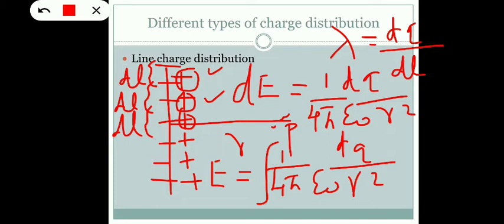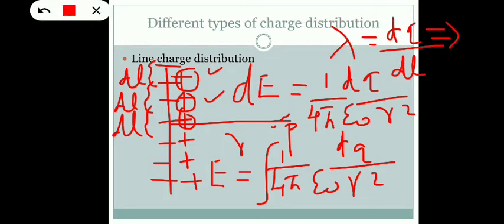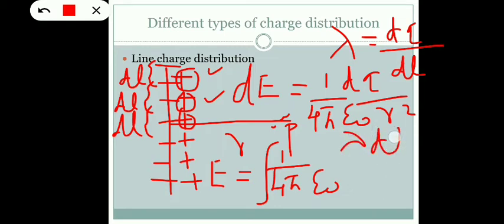So what do you want to do? Here, from this expression, you will get an expression for dq in terms of lambda and dl. What is dq? dq is equal to lambda into dl. So rewrite this expression like this, integral 1 by 4 pi epsilon naught, instead of dq, we can write lambda dl by r square.